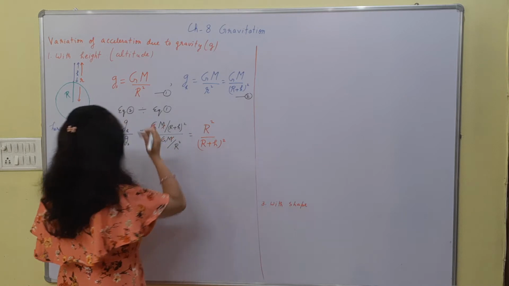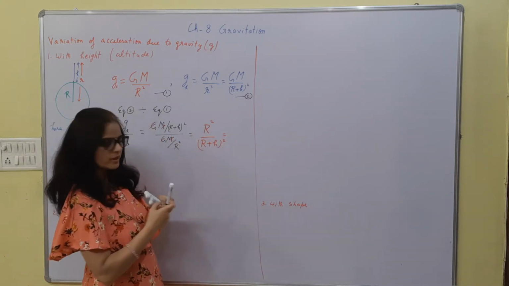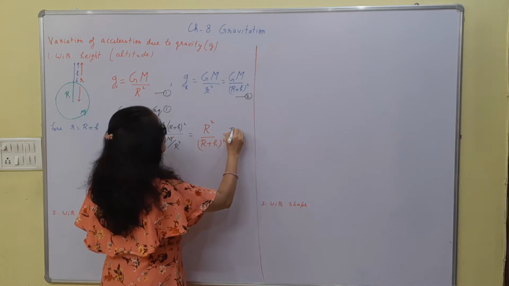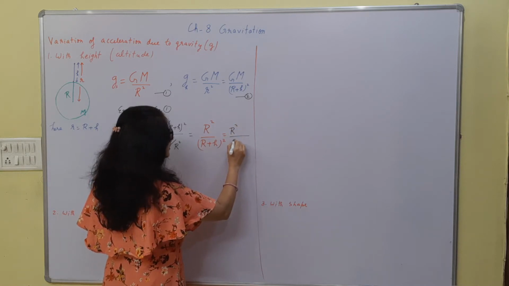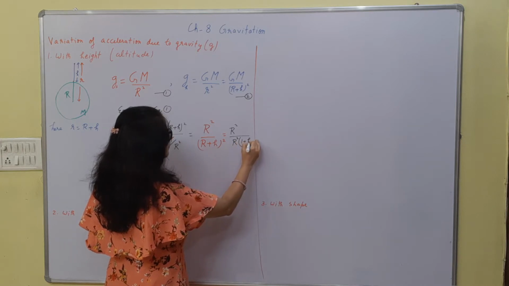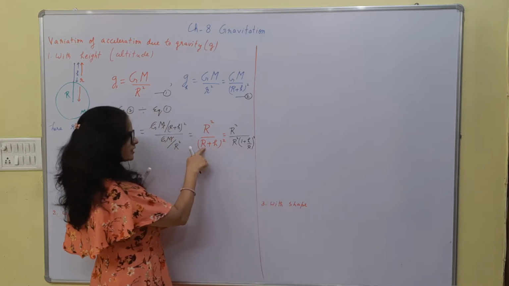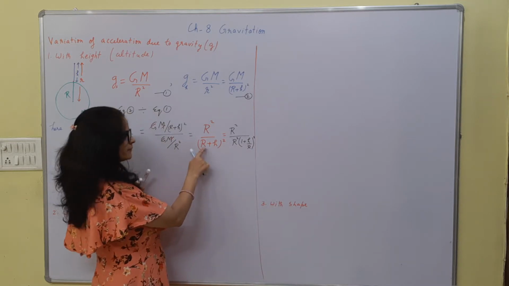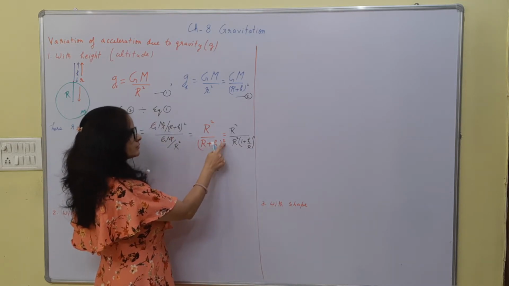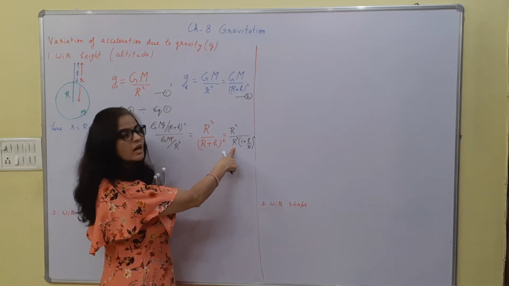If I want to cancel R square, I can take this R square common from the denominator, and inside this will be 1 plus h upon R. Why? We have to take this R outside, and there is a square on this term. So this has to be written in square form if I am taking it common outside.